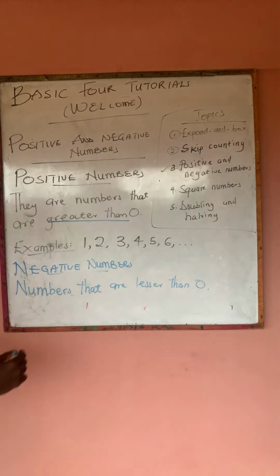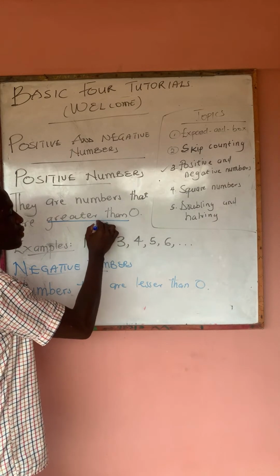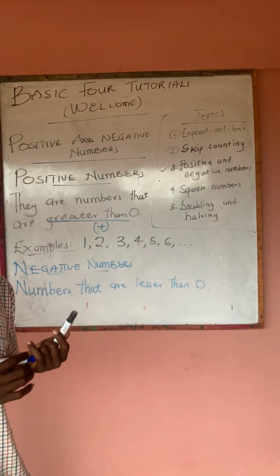And they are represented with something. Don't forget we said that positive numbers are represented with a plus sign, so plus implies positivity.